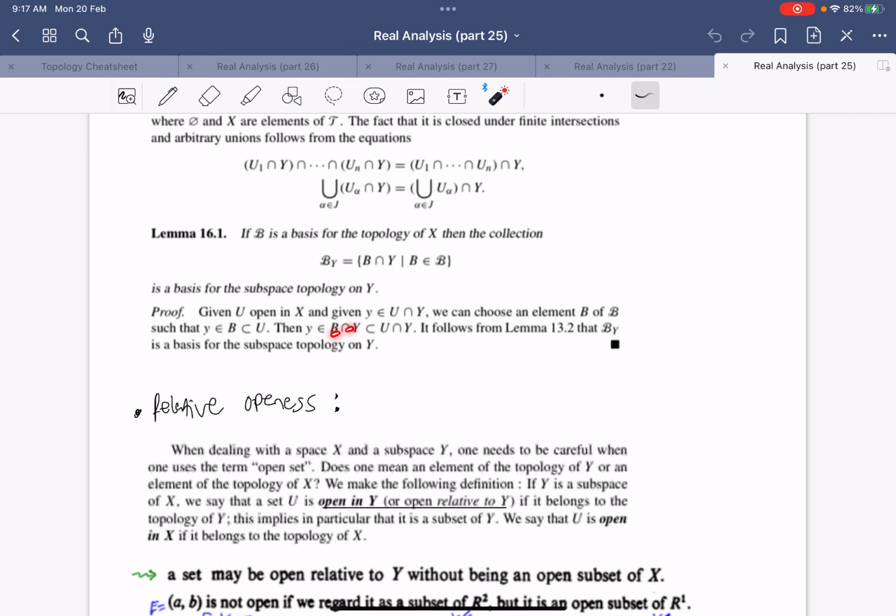And because of that, when you intersect it now, y will still be inside this, and this will still be a subset of U intersect Y. And hence, by the lemma in the previous video, we can say that this will form a basis for the topology.